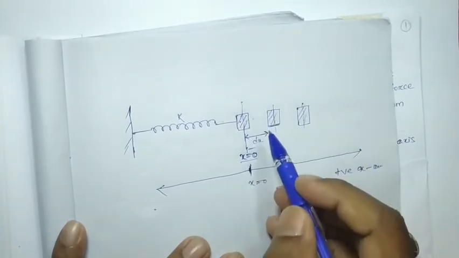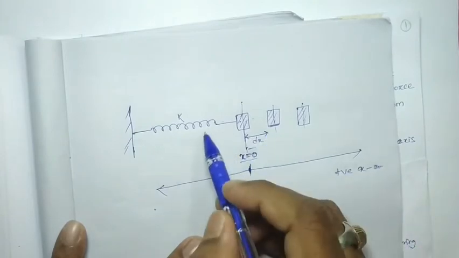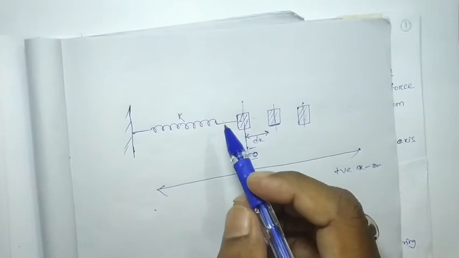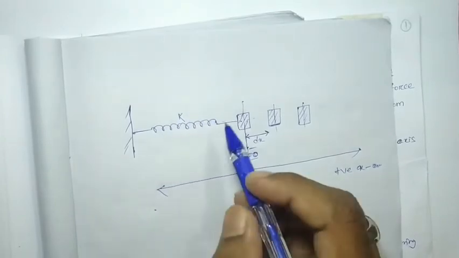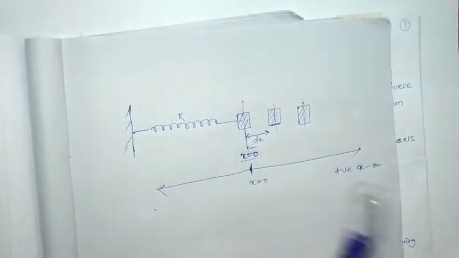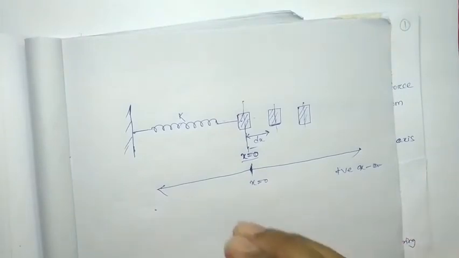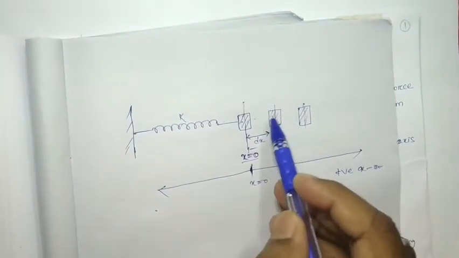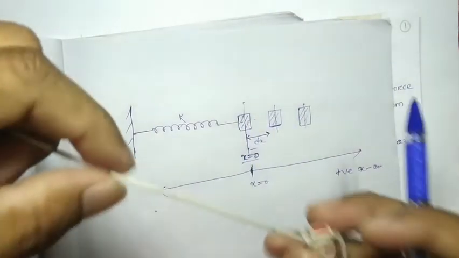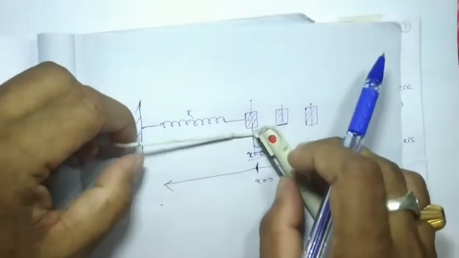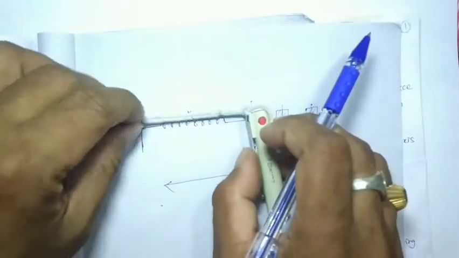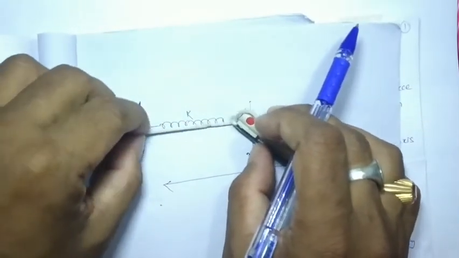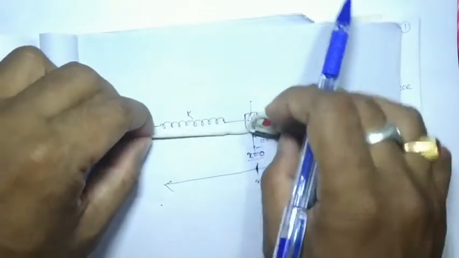If it is so, then a restoring force is induced inside this spring, which tries to pull the mass towards its original position. I am going to show you a simple example. This is the situation where a mass is situated at the origin.